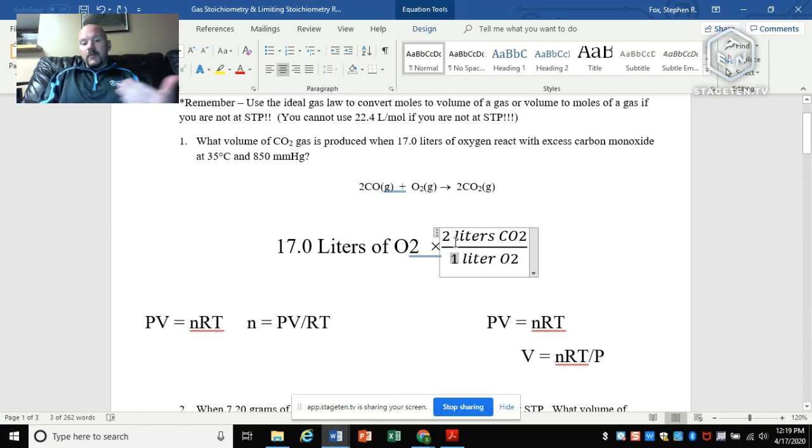The only number we're multiplying by is the 2-to-1 ratio. All the other numbers cancel each other out because in one step we're dividing by those numbers, and in the other step we're multiplying by those numbers.